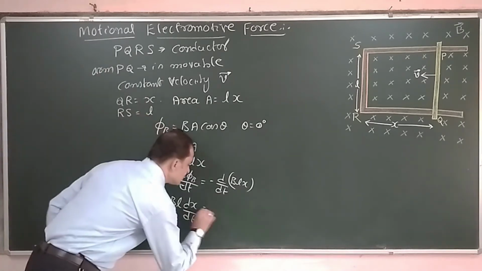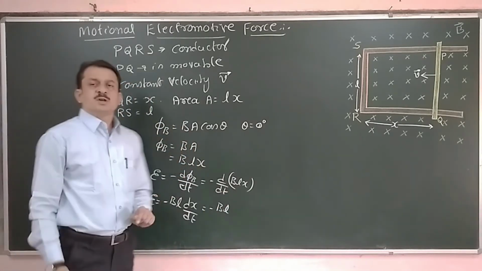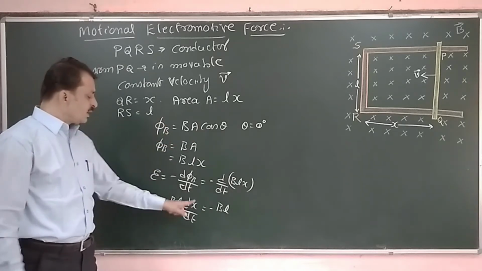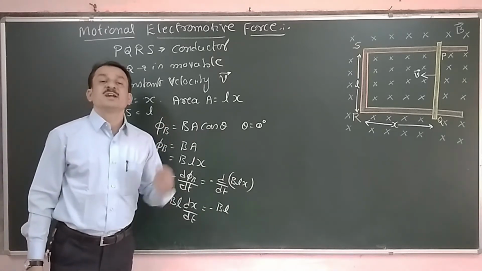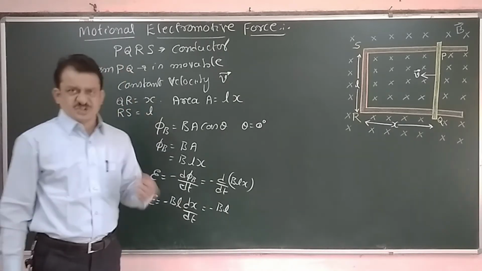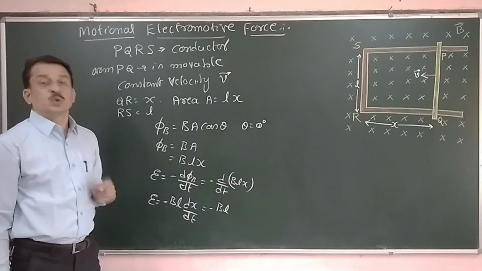So this is equal to minus B into L. If I assume this x as the displacement, then dx by dt is the rate of change of displacement, which is nothing but the velocity of that arm PQ.